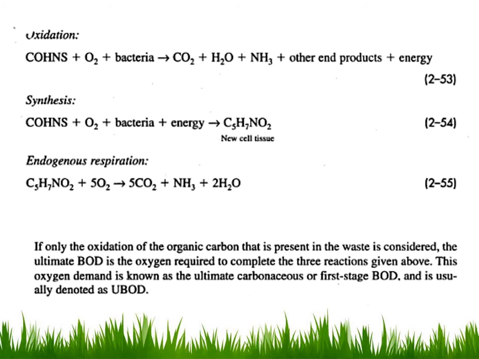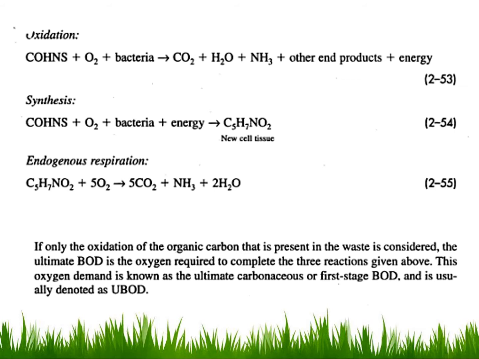Now, what is being synthesized in this case? We are using this energy, in the presence of oxygen used by the bacteria, to produce new cell tissue. Again, the bacteria are using the energy obtained from the decomposition of the organic content.